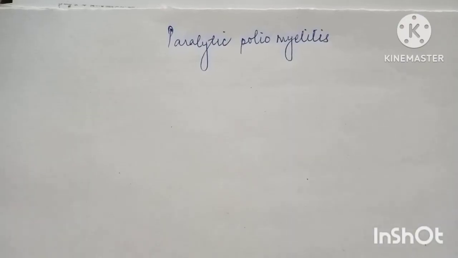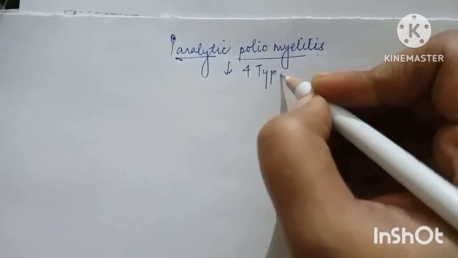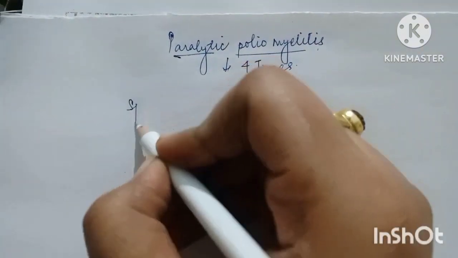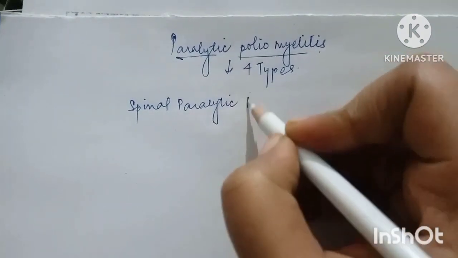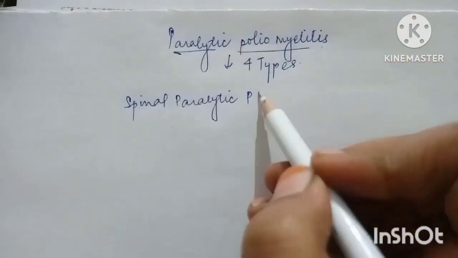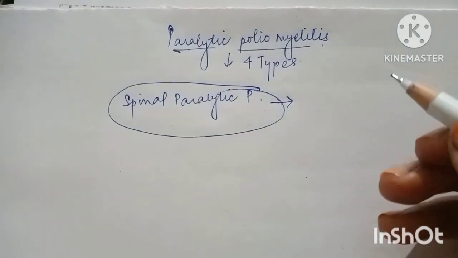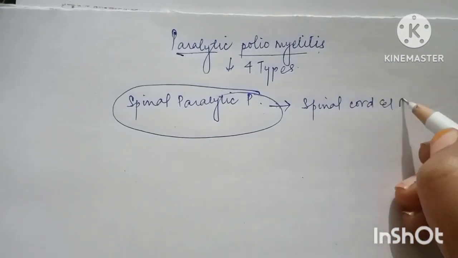Now let's talk about the types of paralytic poliomyelitis. This is of 4 types. The first type is spinal paralytic poliomyelitis. When we talk about spinal paralytic poliomyelitis, it generally involves the spinal cord and brain.